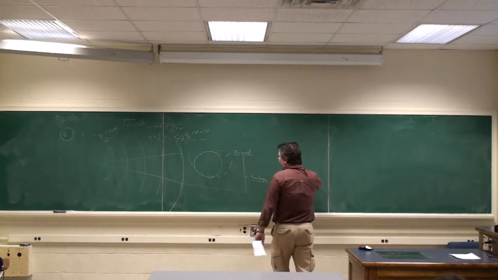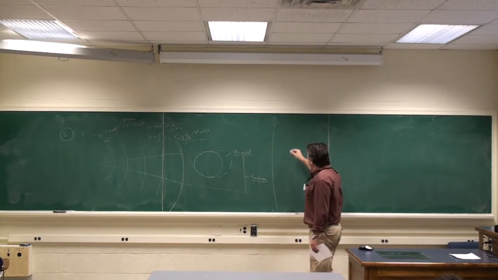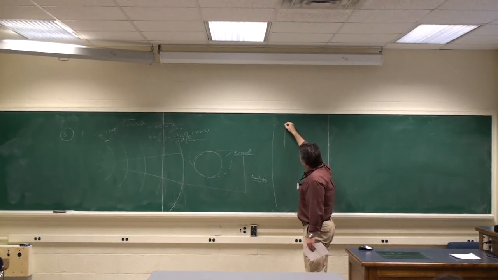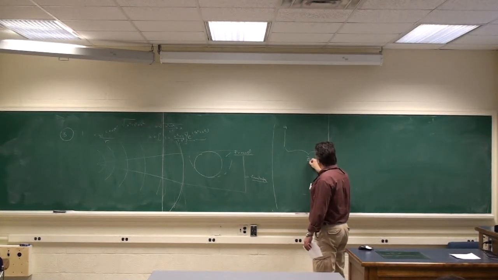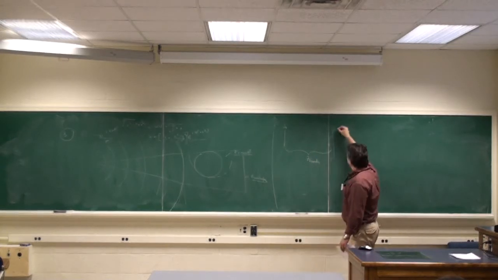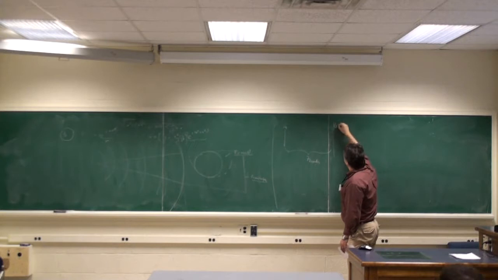This is very useful because if I have my initial field here, U1, and I'm looking far away, at Z Fraunhofer, here I get something U2 that is proportional to the Fourier transform of U1.